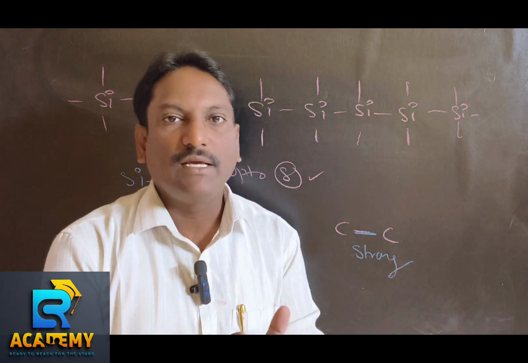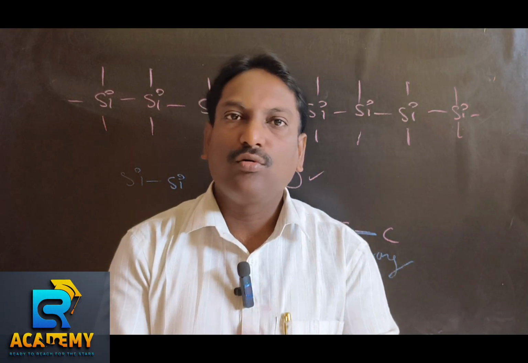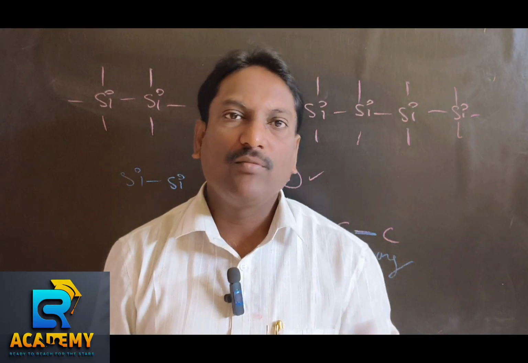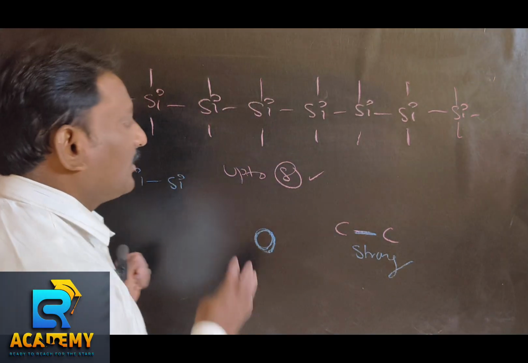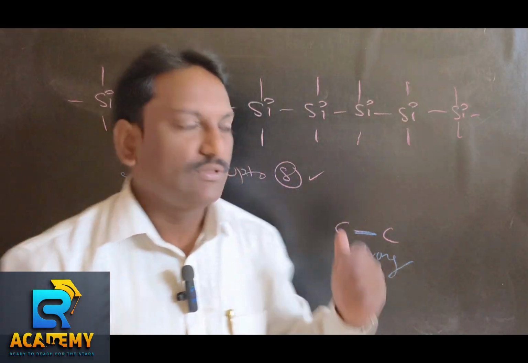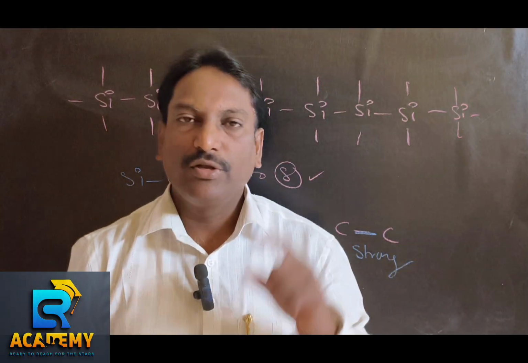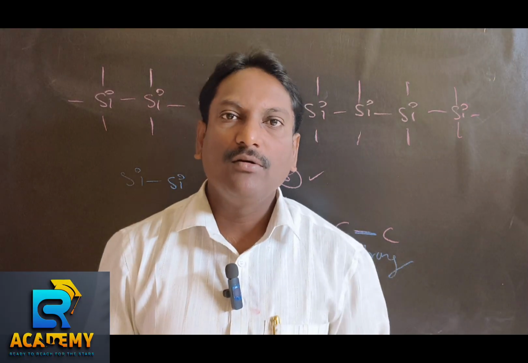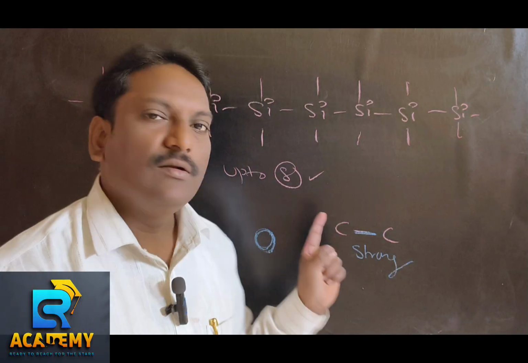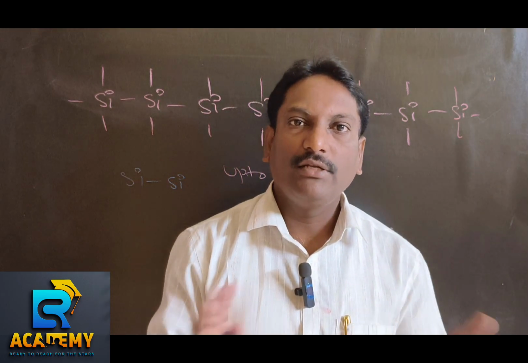So due to its small size, carbon forms the strongest covalent bonds between carbon and carbon, whereas silicon, being big, can combine up to 8 atoms only. This is also one of the important questions in the examination: name the element other than carbon which exhibits tetravalence and catenation. That is silicon. It's up to only 8 atoms. Okay, is it clear to you?